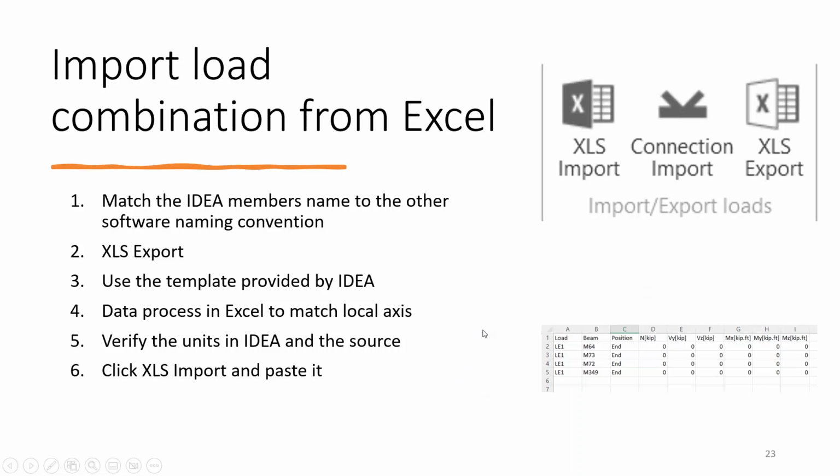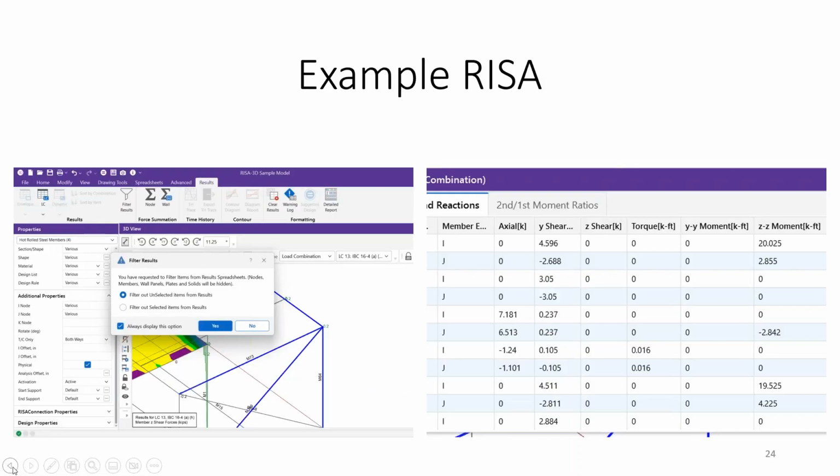Okay, so this is a recommended process that I did. It is not the only way, but this is one recommended process. All right, so I did an example with a RISA model, because I know we have a lot of users that use RISA, and as of now we cannot import, it is not on us, but we cannot import the forces from RISA, just the geometry.